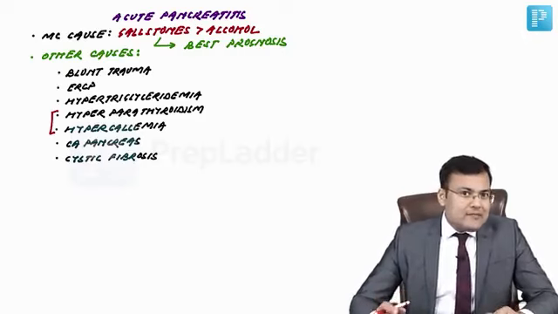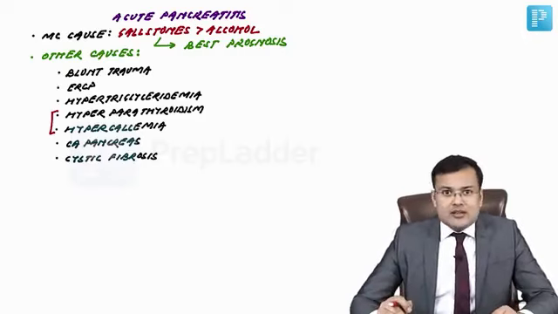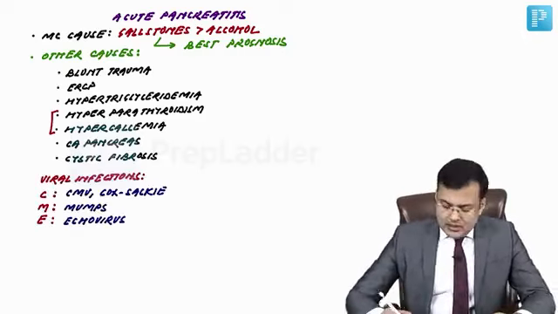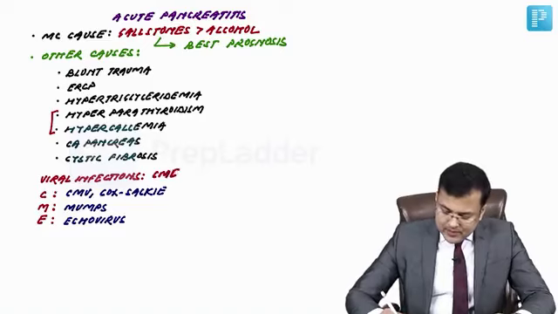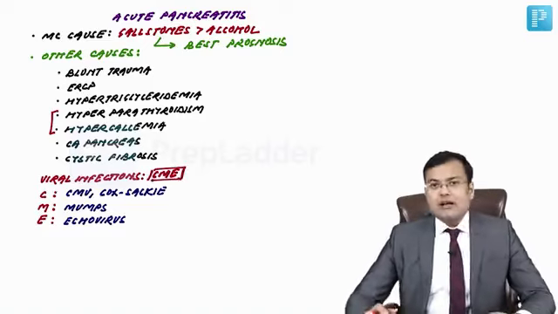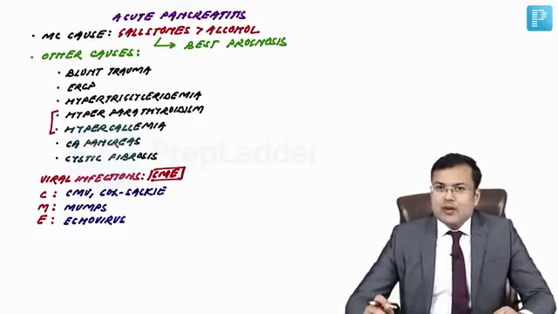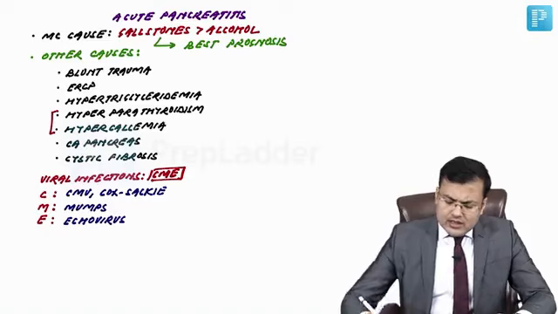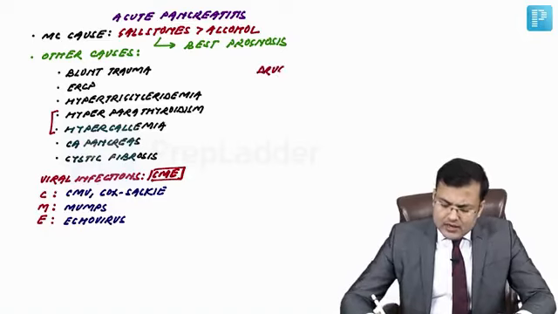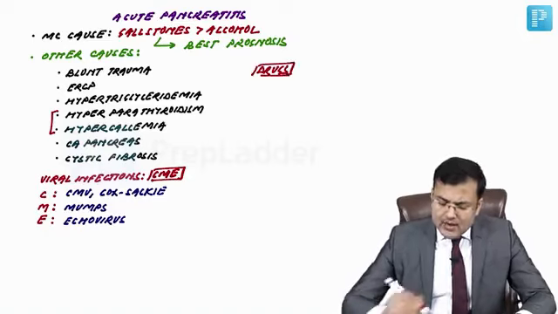There are certain viral infections which can cause acute pancreatitis. So what are the viral infections? Mnemonic is CME. C means cytomegalovirus and Coxsackie virus, M means mumps, and E means echovirus. Apart from these causes, there are certain drugs also which can cause acute pancreatitis.